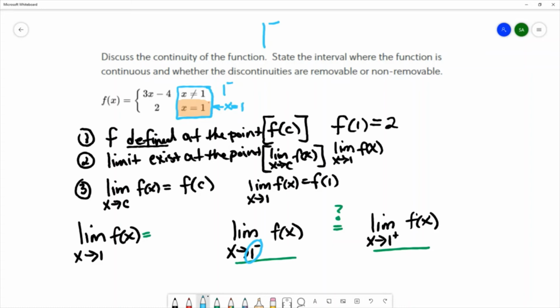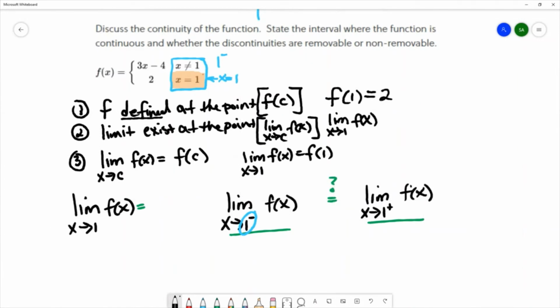So I'm going to use the first equation to calculate this limit. I have the limit as x approaches 1 from below of 3x minus 4. We use direct substitution to get 3 times 1 minus 4, and we get negative 1. So the limit as x approaches 1 from below of f of x is negative 1.